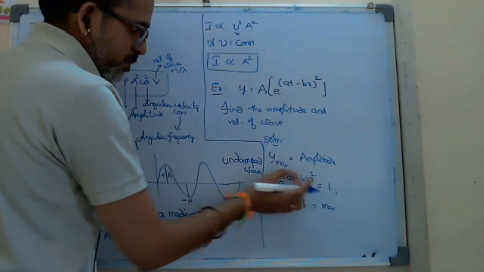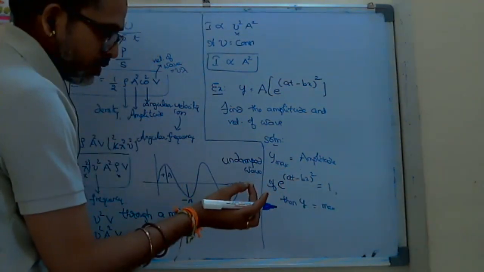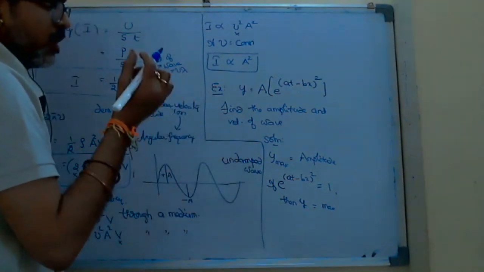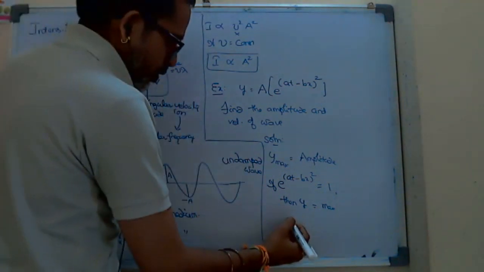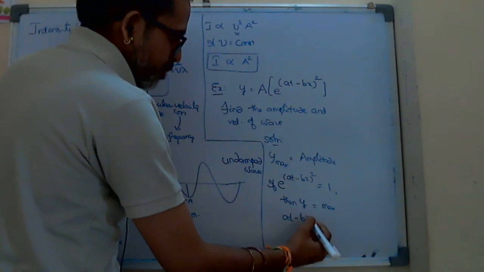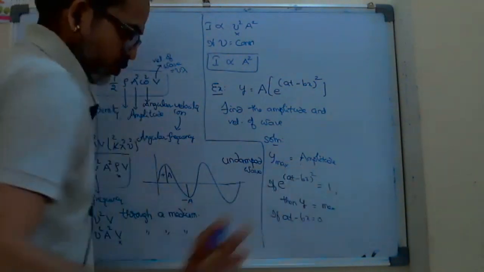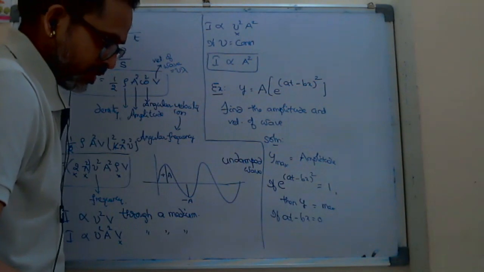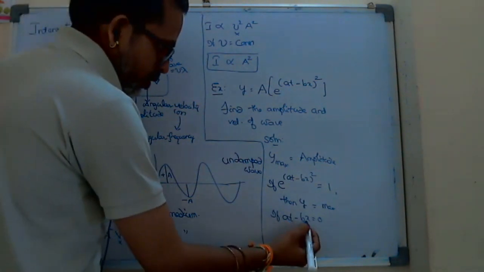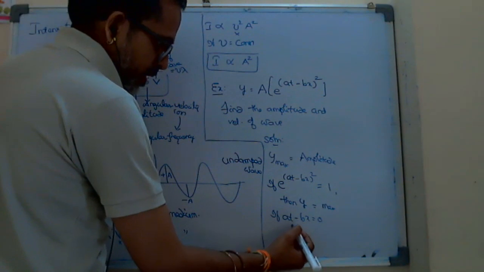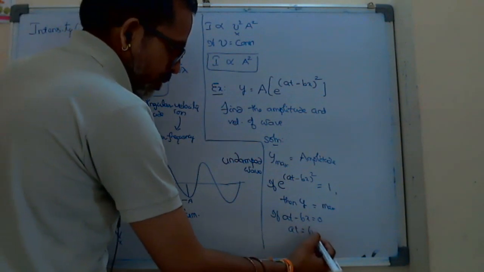Sir, at x equal to at by b, it is maximum. What you are saying, if at minus bx is equals to 0, then this term is equals to 1. Correct? Yes, sir. Then don't say x is equals to minus b; that is at equals bx.